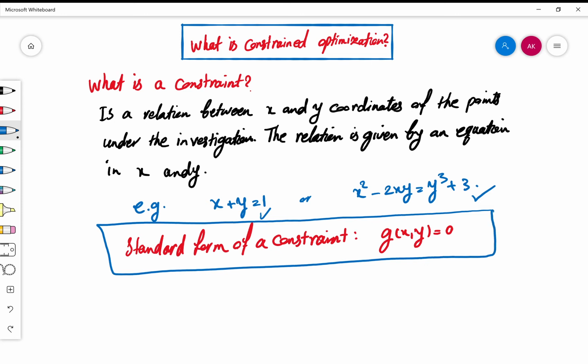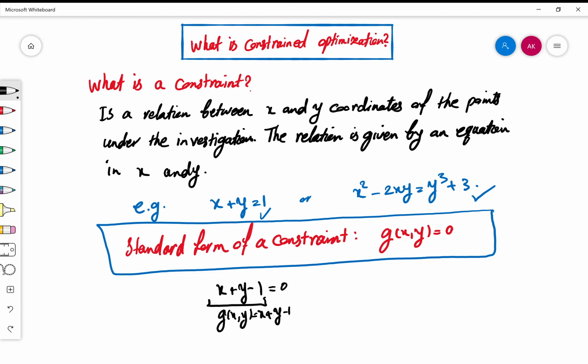For example, in the above examples, in the first one I have x plus y minus 1 equal to 0. So in this constraint, g(x, y) is basically x plus y minus 1.